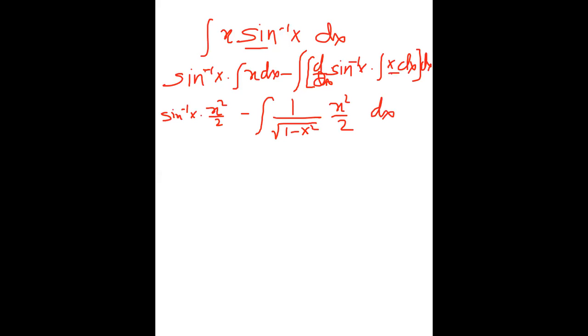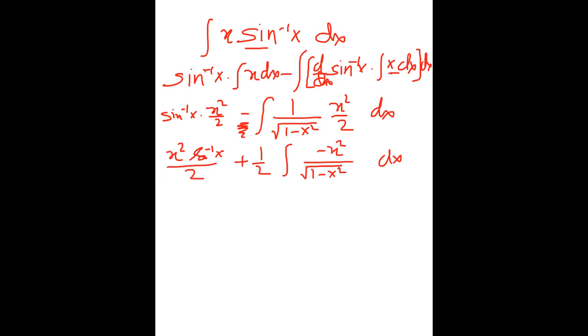So it becomes x square sine inverse x by 2 plus 1 by 2. It's minus and I'm writing it plus because I want to write x square with a negative sign, upon under root 1 minus x square dx.